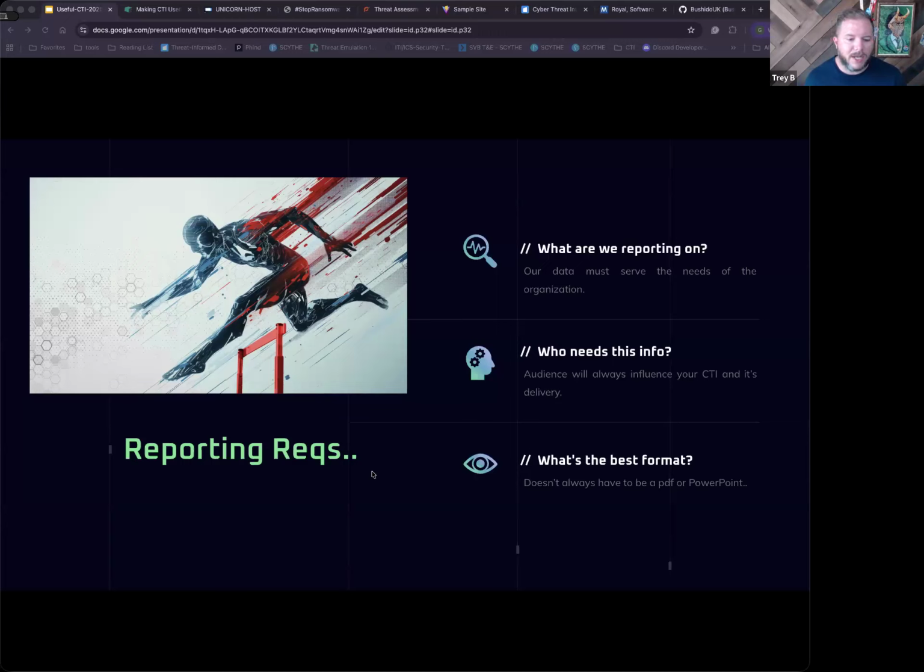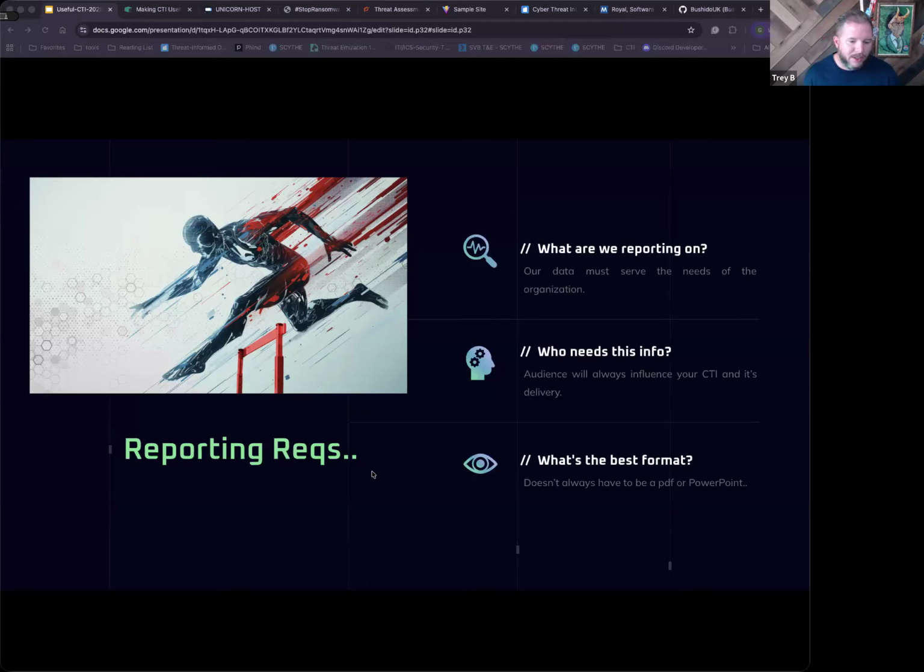Or are you looking to be a little more tactical and provide someone with some quick down and dirty information on stuff they can actively look for, say during an IR procedure? These are the kinds of things we're thinking about. What are we reporting on? Who really needs this info? What's the best format for us to give it to them? Like the little blurb down here says, it doesn't always have to be a PDF or a PowerPoint. I know a lot of times, especially right now, PowerPoint kind of hurts a lot of people's souls when they see slide decks come around, especially when they're long.